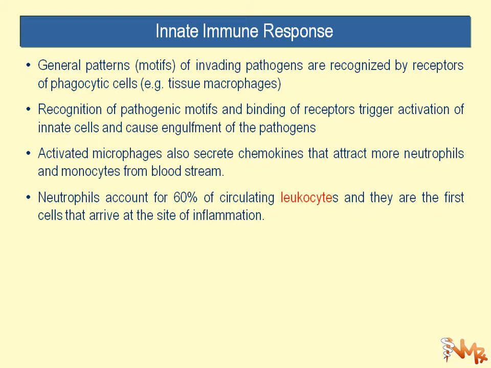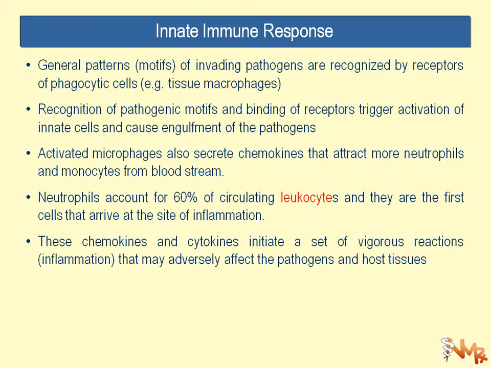get there quicker. The chemokines and cytokines produced by the innate cells can initiate a set of vigorous reactions, the so-called inflammation, that may potentially adversely affect the host tissues. Of course, it is good that they hurt the pathogens, but they may also hurt the host.